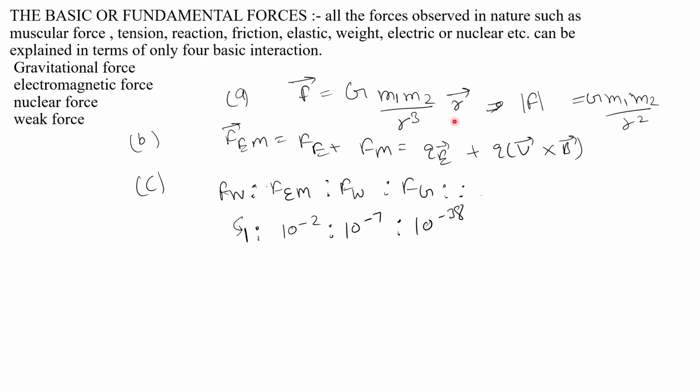So this formula is this. Second, the electromagnetic force: the force exerted by one particle on another because of the electric charges of the particles is called the electromagnetic force. The description of the electromagnetic force is more complicated, but by the Lorentz force equation, this formula is this.